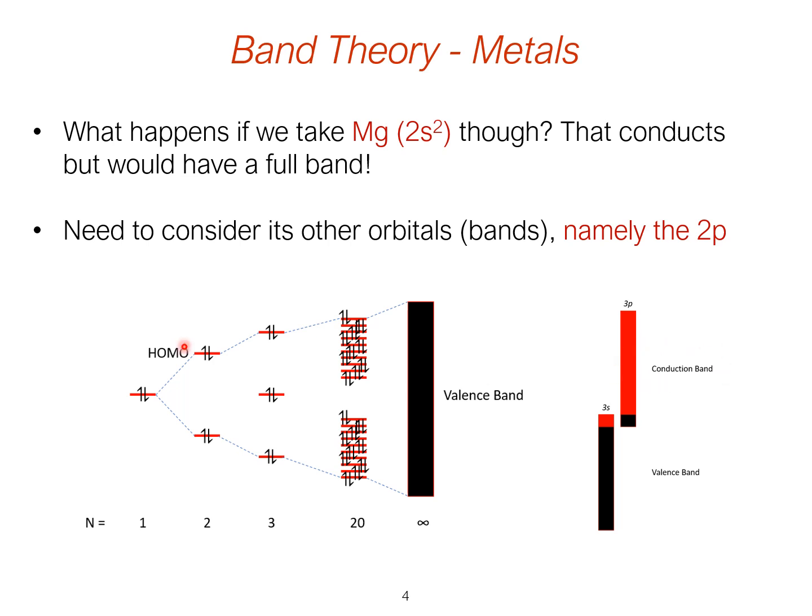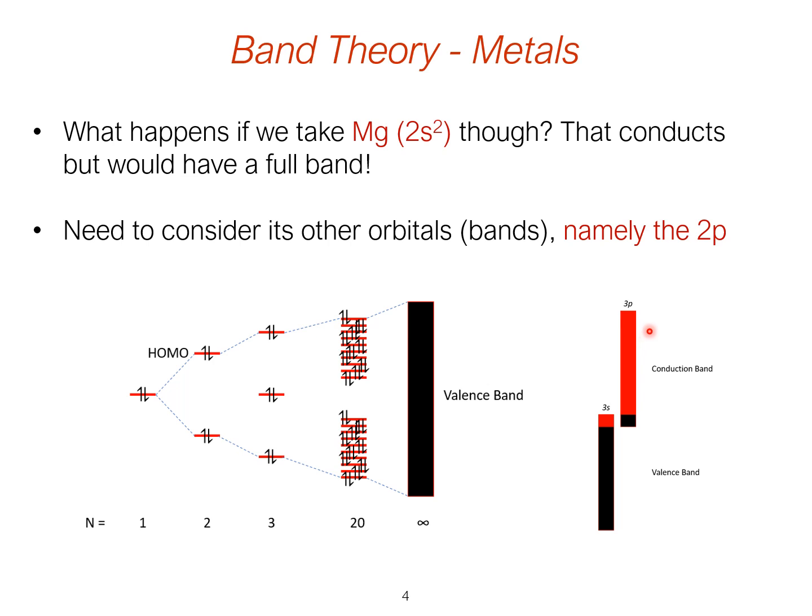This is why I had the HOMO and LUMO on the other slide as well: the highest occupied molecular orbital sort of corresponds to this valence band, and the lowest unoccupied molecular orbital becomes the conduction band. So the conduction band is the lowest unoccupied band essentially.